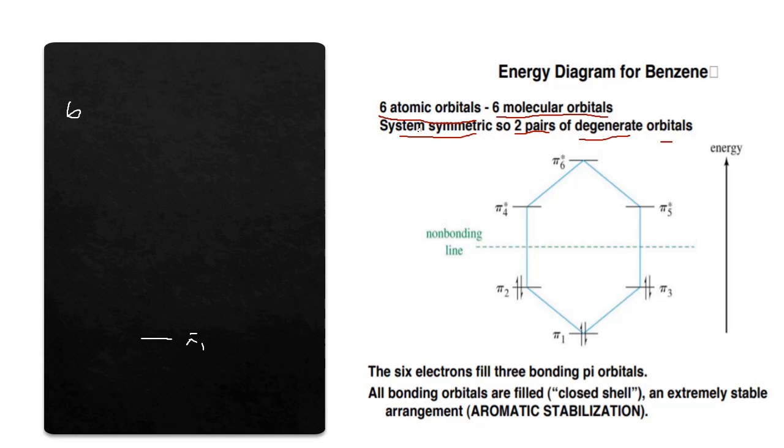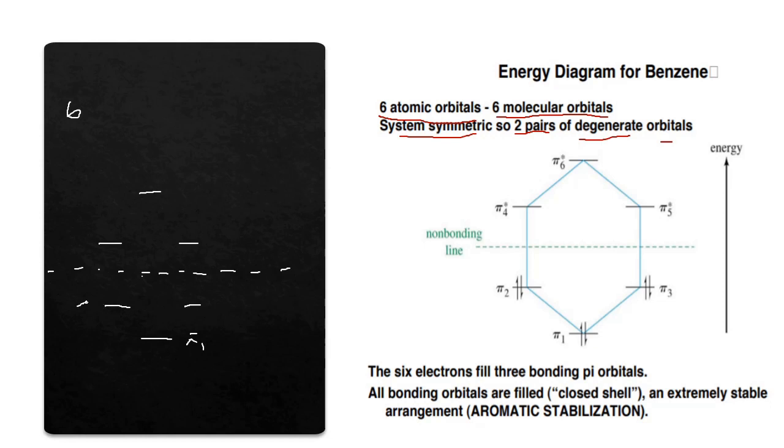Then since the system is symmetric, it should have two pairs of degenerate orbitals. This is the first pair of degenerate orbitals. Then we will have a non-bonding line. This is the separation between bonding and anti-bonding molecular orbitals, and this is what we call the non-bonding line. Then we will have the next pair of degenerate orbitals, and finally we should have pi 6, the anti-bonding molecular orbital.